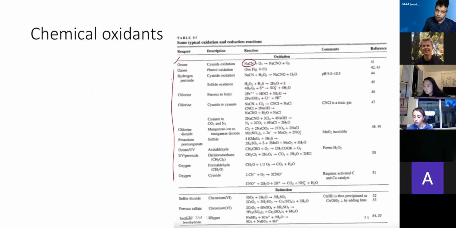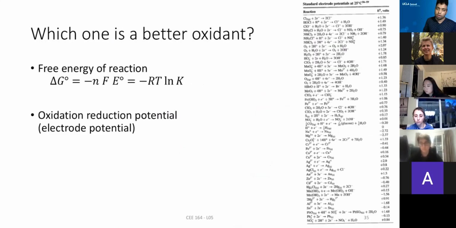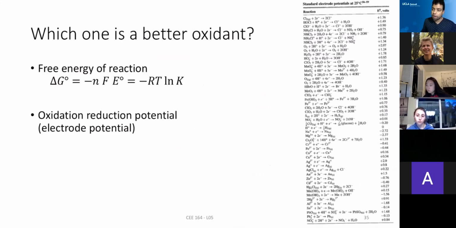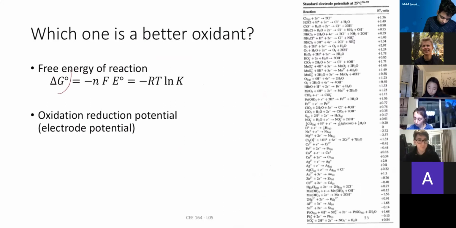This equation is just to determine how many moles of oxidant are needed. And one of the things is that oxidation is a redox reaction. So the treatment depends on how many electrons it can receive or give. The oxidation-reduction reaction or the activation energy depends on the free energy, and that's given over here.